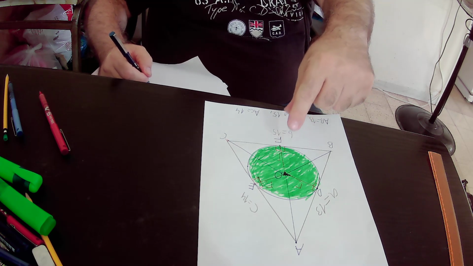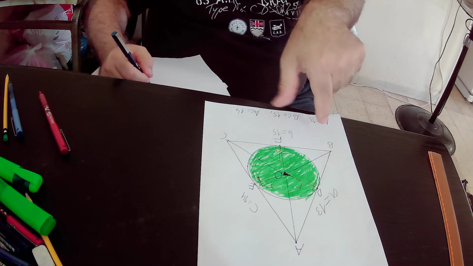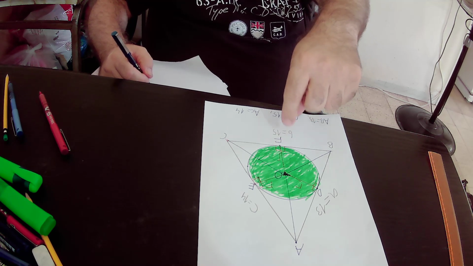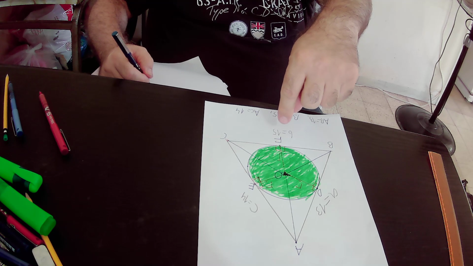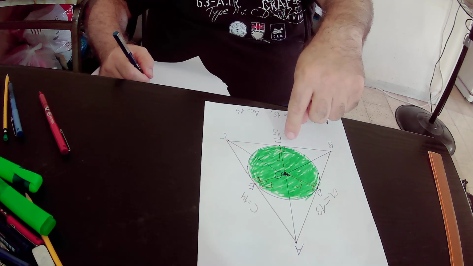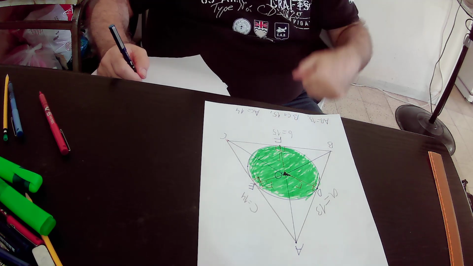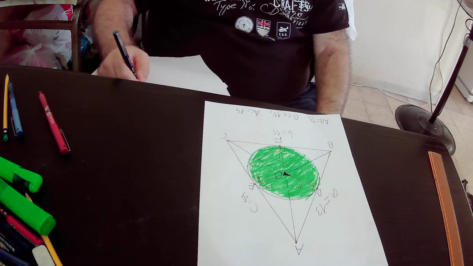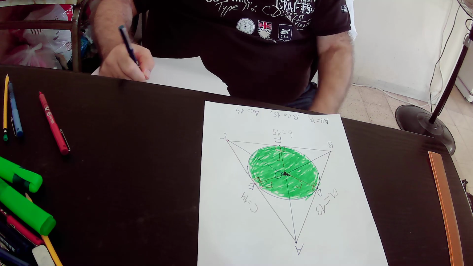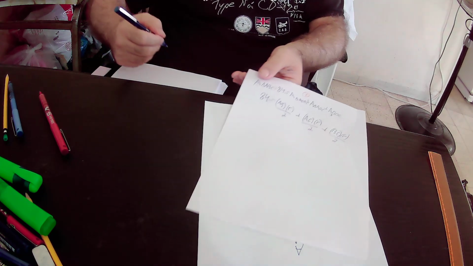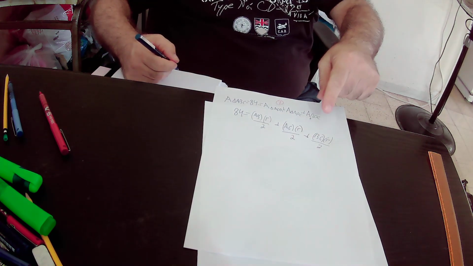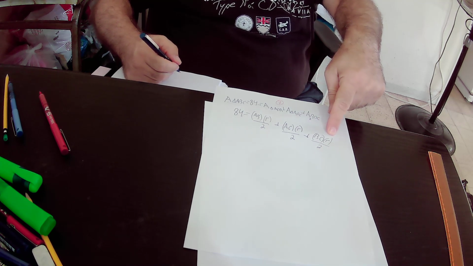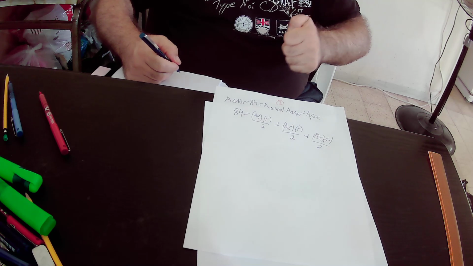Again, the height must create 90 degrees with the base BC, and indeed the radius of the green circle creates 90 degrees with the base, because this is a right angle and this is a right angle, so the height of triangle BOC is the radius of the green circle. So the area of triangle BOC equals the base BC times the height to the base, that is the radius of the green circle, over 2.